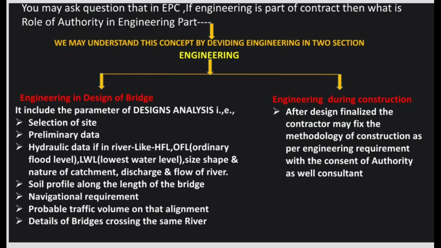The engineering design of the bridge includes the parameters of design analysis like selection of site, preliminary data, hydraulic data, soil profile along the length of the bridge, navigational requirement, probable traffic volume, and in the alignment, details of the bridge crossing the river.